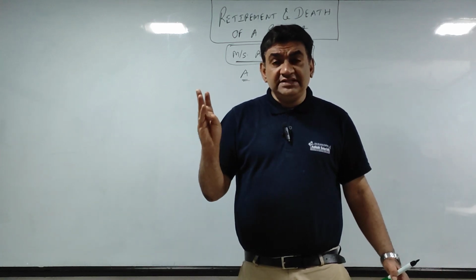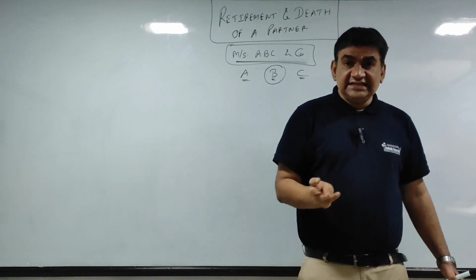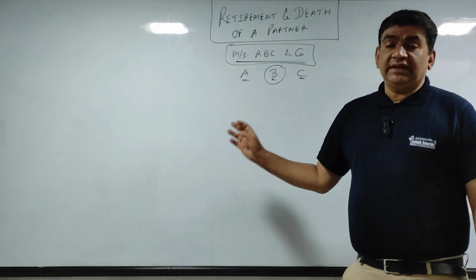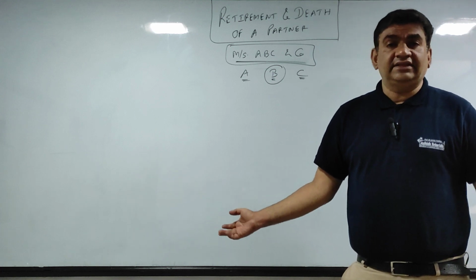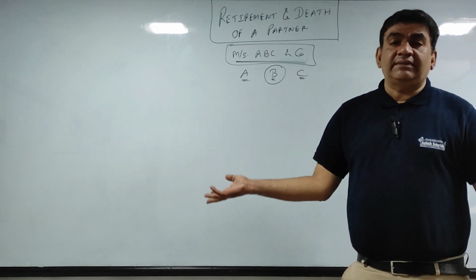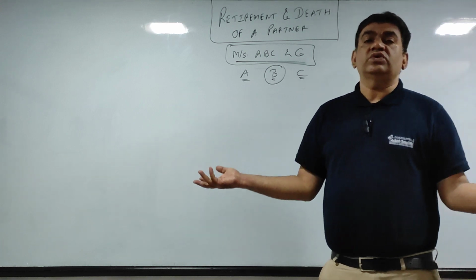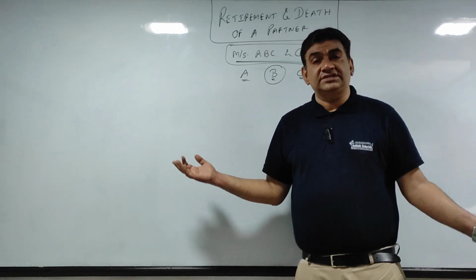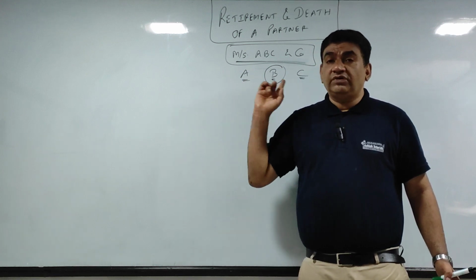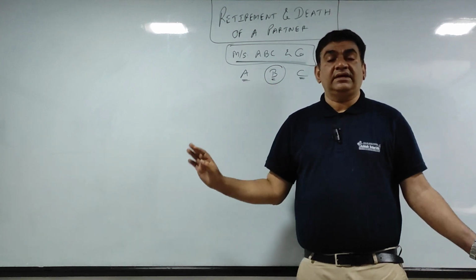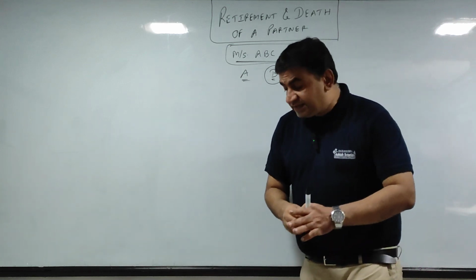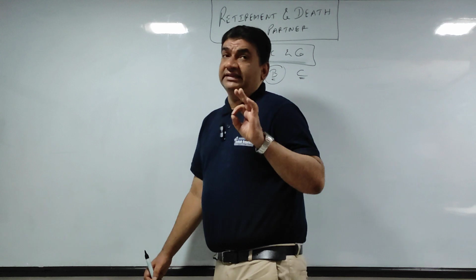So retirement means the partner exits as a partner, but he is still alive. And in death, for unfortunate reasons or any other reason he expires, that person is not there, so there is no question of his continuation in the business. So in retirement the partner is alive but out of the firm, and in death the partner is anyway not existing. That is the concept of retirement and death.